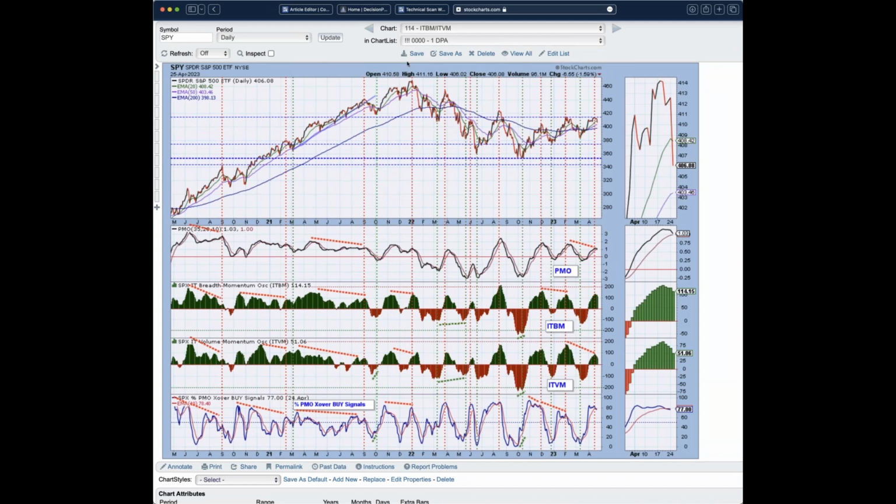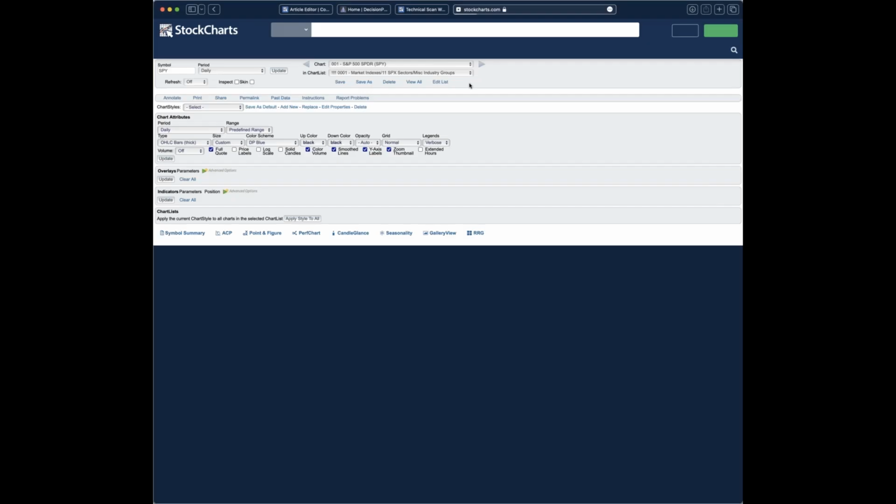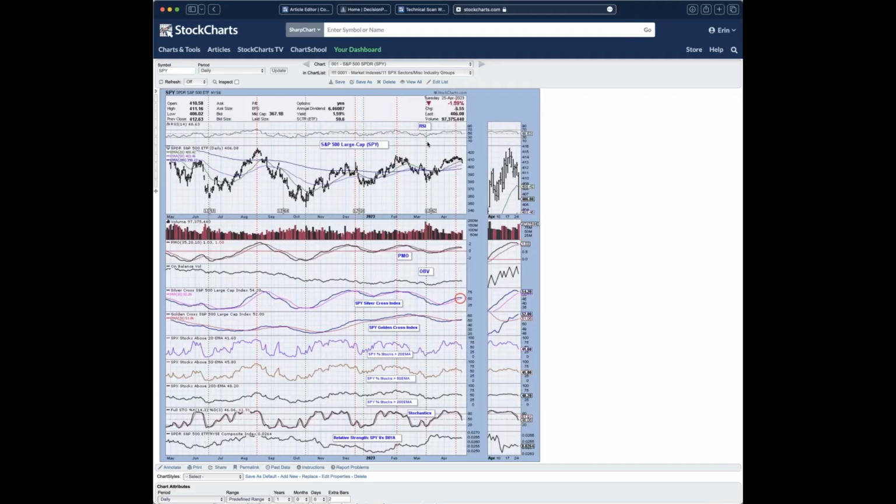All right, so now we want to apply these under the hood indicators to finding stocks, right? And trying to find the industry groups or the things that we want to invest in. Currently, at Decision Point, we have all of these with under the hood indicators.